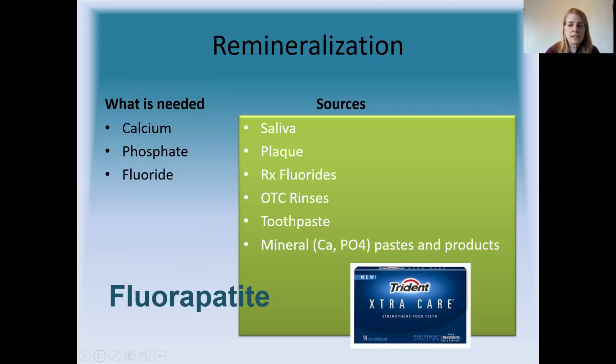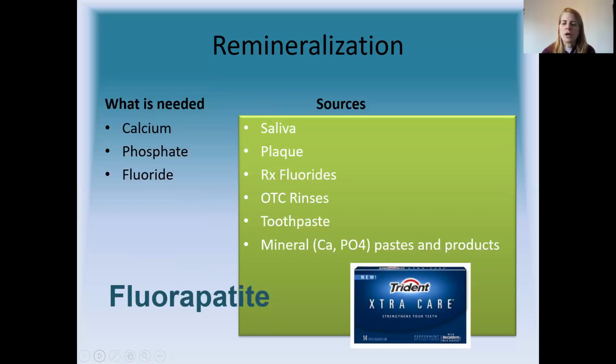Fluoride can be in the saliva, fluoride can be in the plaque. Say we put fluoride varnish on a tooth, say we go into a school and we're doing a fluoride varnish program, and we're not getting the kids to necessarily brush. That plaque that sits at the gum line is going to take up and hold some of that fluoride against the tooth surface.